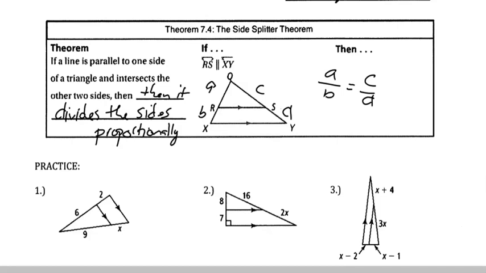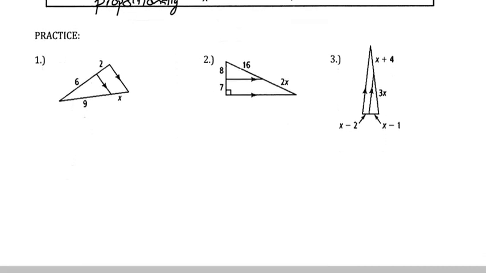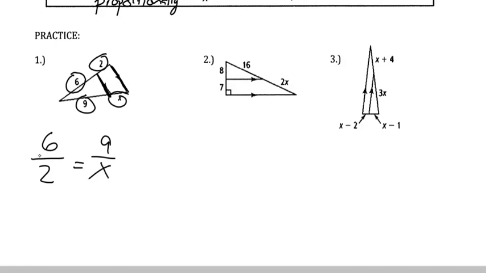Okay. So if we take a look at these ones, which have unknowns, we have this segment. It is parallel to this one, so it goes along with our theorem. I'm going to do that over that equals this one over that one.